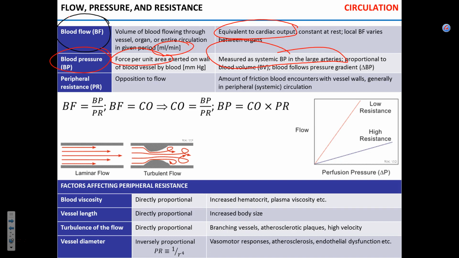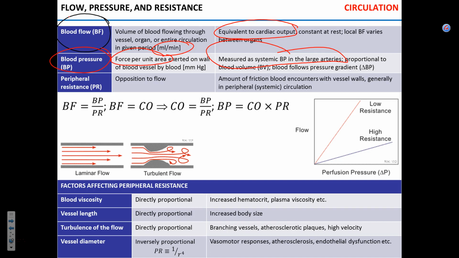If your blood flow increases, what happens to the blood pressure? Increases. If your blood flow decreases, your blood pressure decreases. If your heart stops and there is no blood flow, your blood pressure is 0.